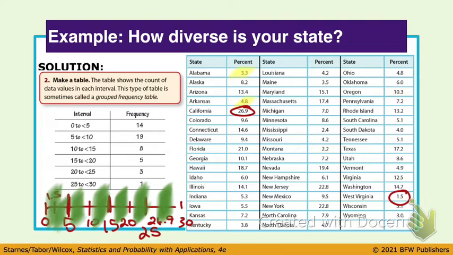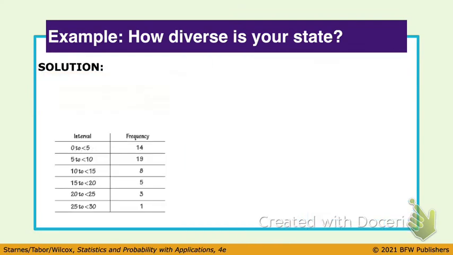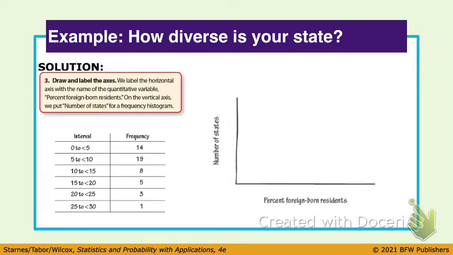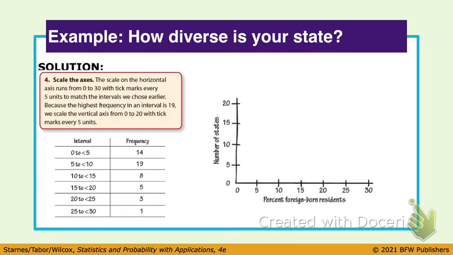All right, everybody have the frequency table? Perfect. Now we're going to transition to the actual histogram. So we're going to draw and label our axis. We've got on the x-axis the percent of foreign-born residents. That's what the data was about. And then we have our number of states on the y-axis. This is our frequency, which is going to be on the y-axis.